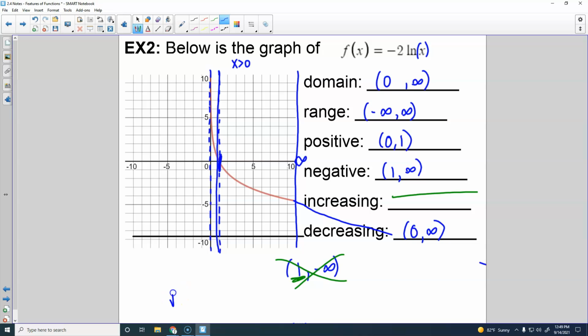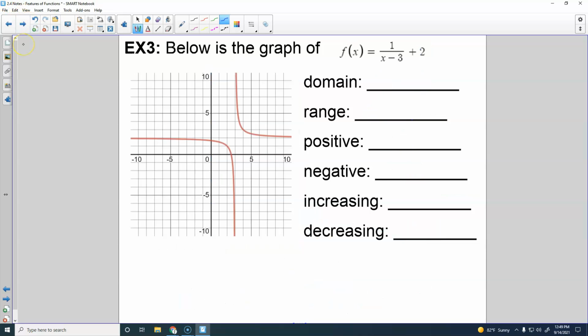So for square root, natural log, and exponentials, the domain and increasing or decreasing will be the same. So for those 3 types, the answer is yes.